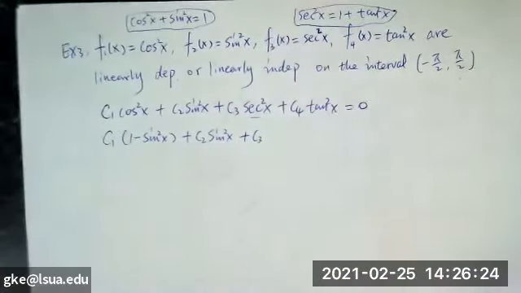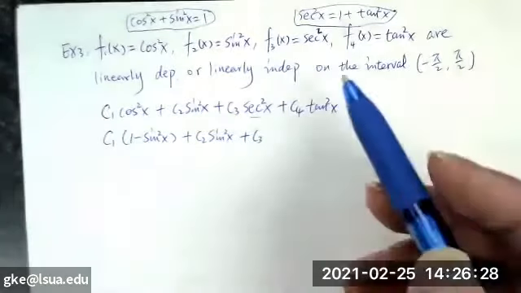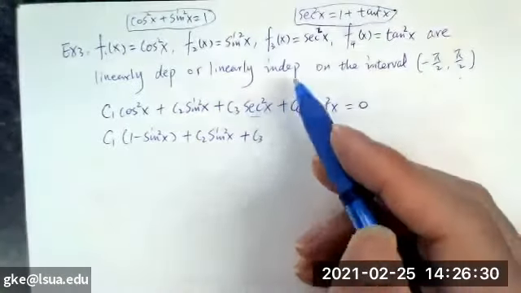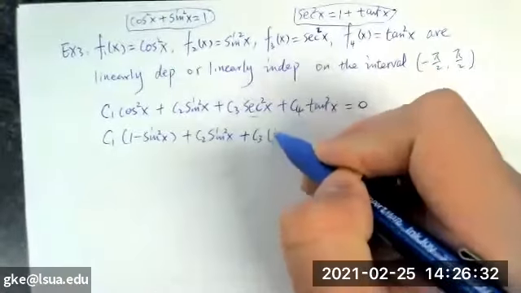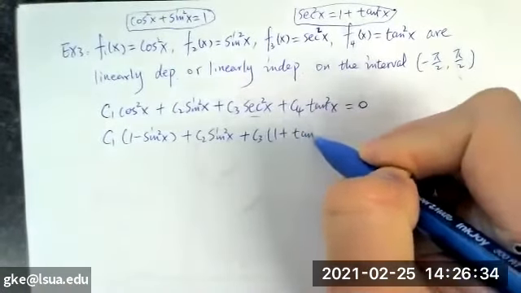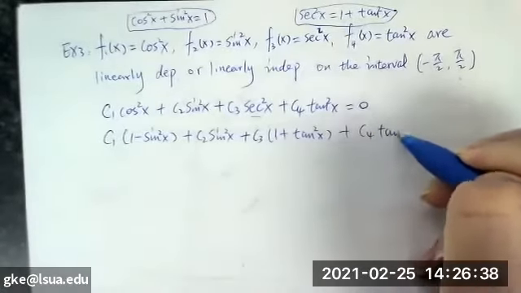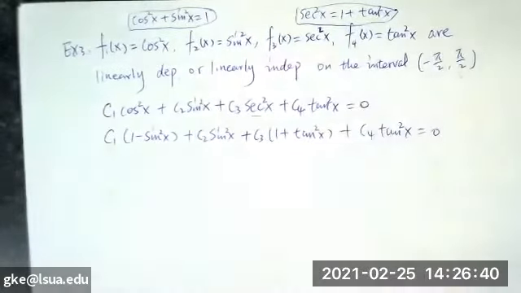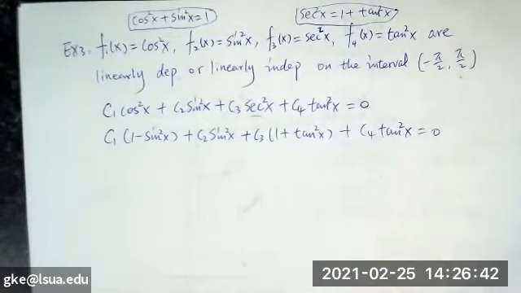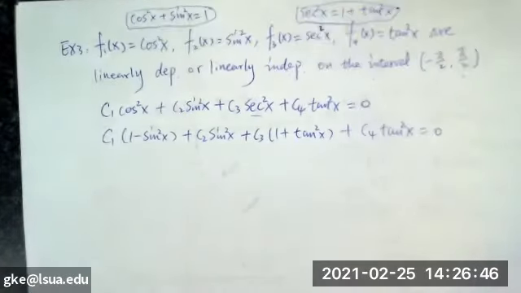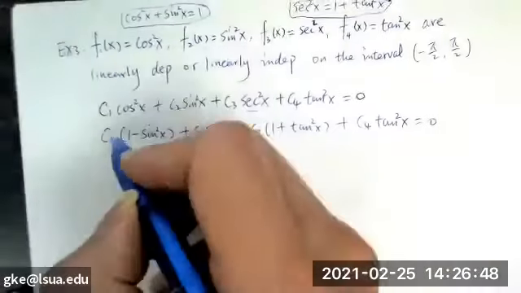We let the cosine x squared equal 1 minus sine x squared, and secant x squared is what? It is 1 plus tangent x squared. Okay, and then you can distribute this term.